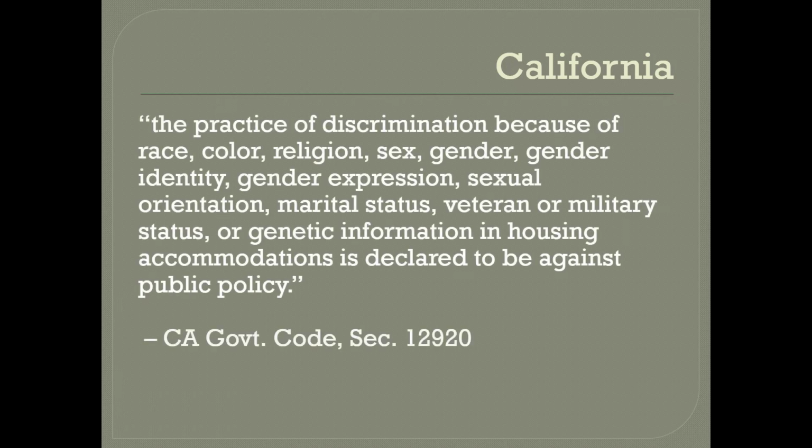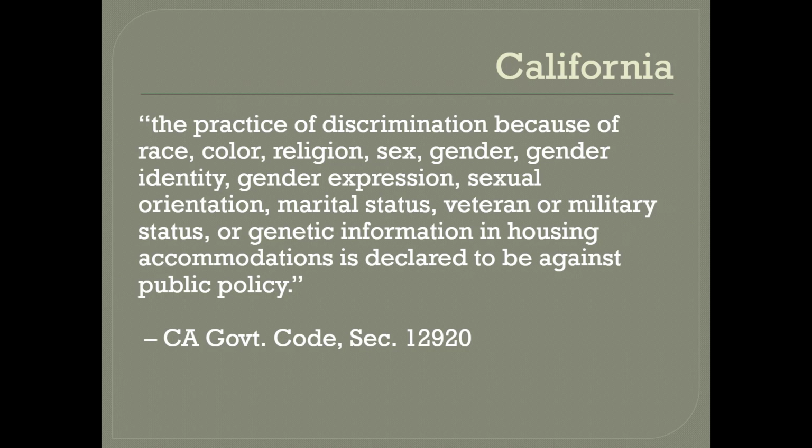California, of course, is a classic example. California is an extremely diverse state, it's an extremely progressive state, and the list of groups that receive protection under California civil rights laws is extremely long. Just to take a look at California Government Code section 12920, which relates to employment and housing.